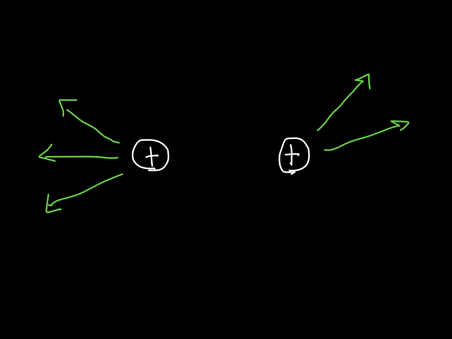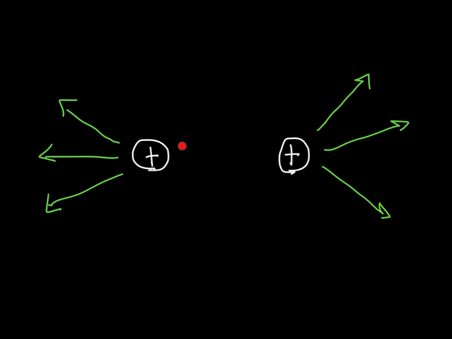The positive is going to push it away and it's going to fly off that way. So my electric field line is still going to look just like it did earlier, where they point away. And from the right positive one, same thing. They're going to point away from the positive charge.